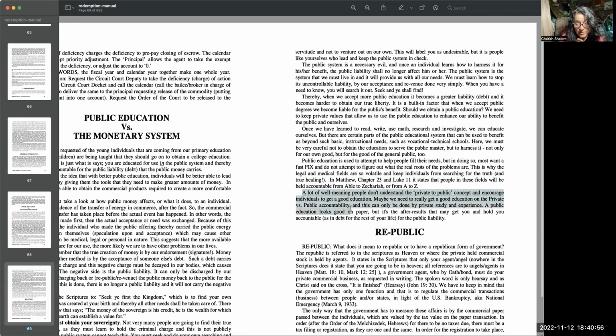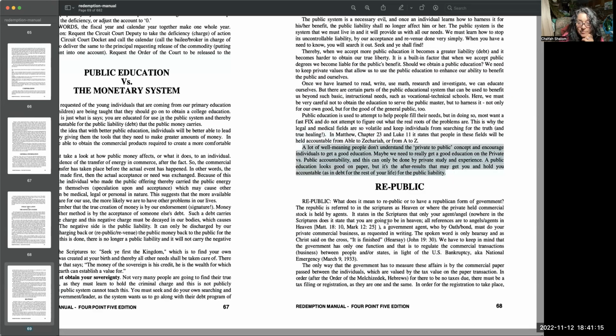And this can only be done by private study and experience. A public education looks good on paper, but it's the after results that may get you and hold you accountable, as in debt for the rest of your life for the public liability. Some of my university professors were still paying money off of their student loans for their doctorate.